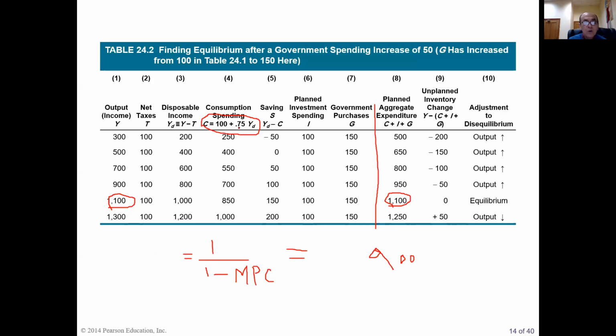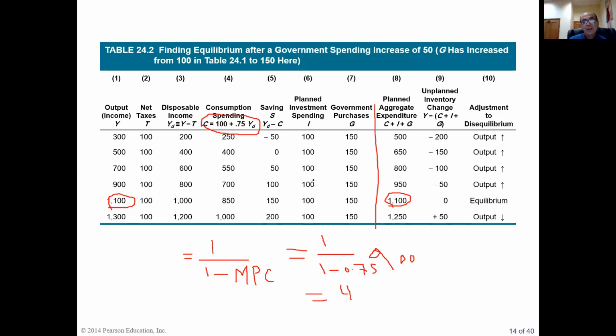MPC here is 0.75, and we calculate 1 minus 0.75, meaning that the multiplier equals 4. Okay, meaning that we can calculate the multiplier in two ways.